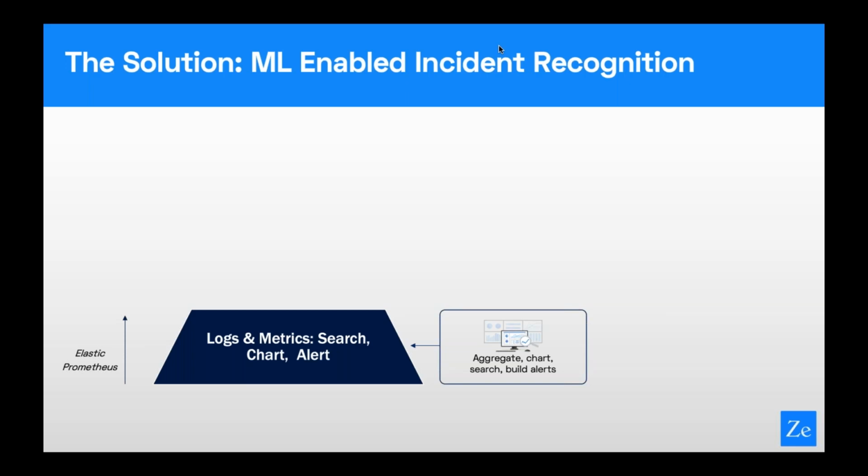As opposed to the expectation that an SRE or DevOps person would have to instrument detection for all kinds of unknown unknowns, which is an unreasonable expectation, let's help out with that.